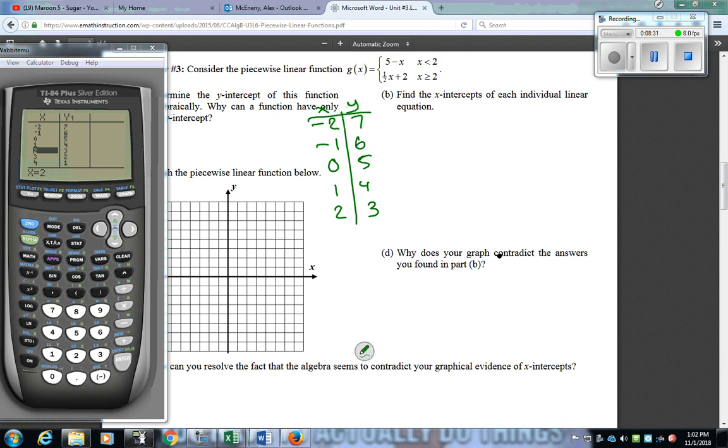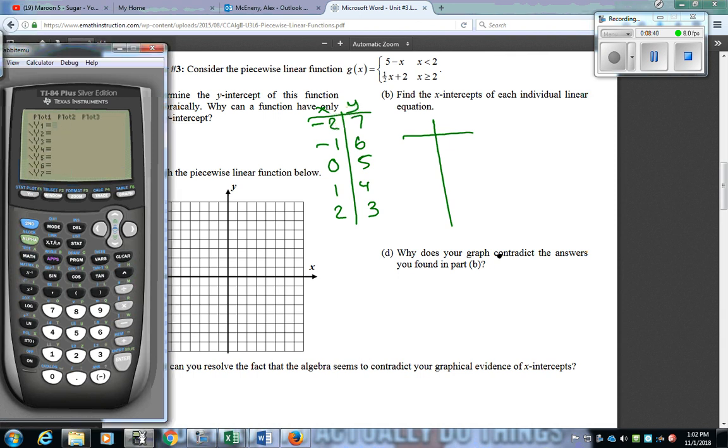And then for the second one, my 1/2 x plus 2, that one includes 2. So I'm going to clear this out. And I'll do my 1/2 x plus 2.